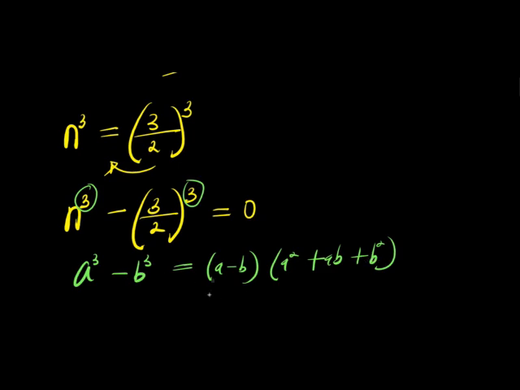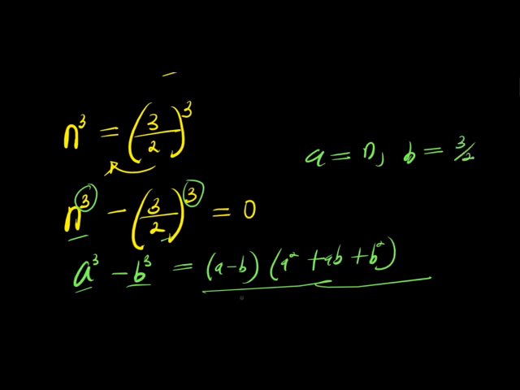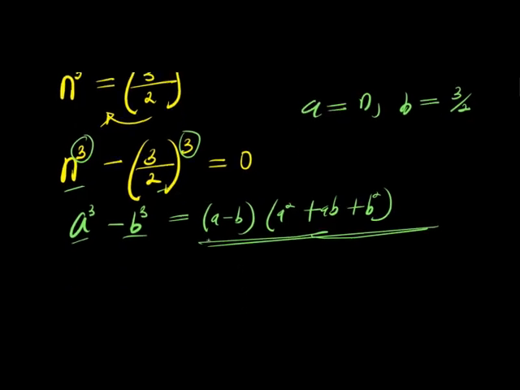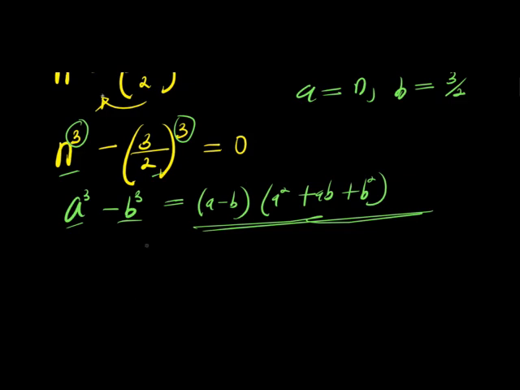Now, we can apply this right here in order to expand it because this actually corresponds to what we have here in terms of the exponents. So in this case, our a equals n and b equals this 3 over 2 here. So let's apply it right here. We are going to have a minus b, and remember our a is n.